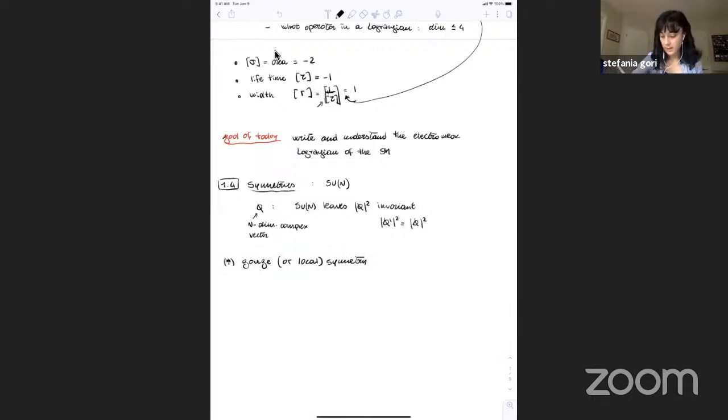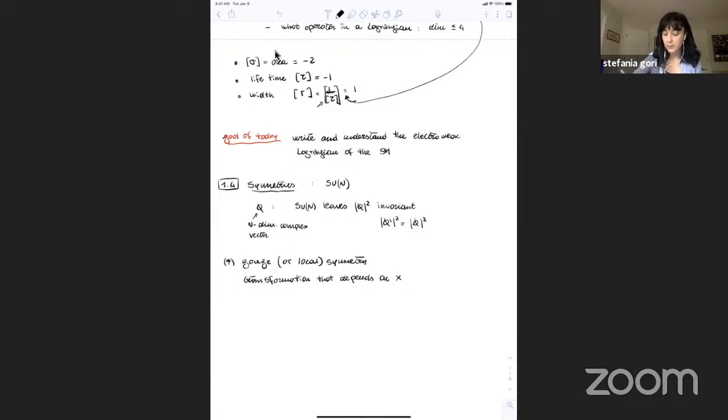This is a symmetry, or let me say a transformation, that depends on space-time, on x.